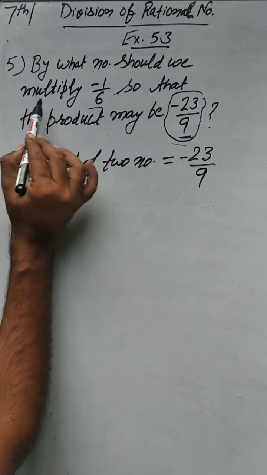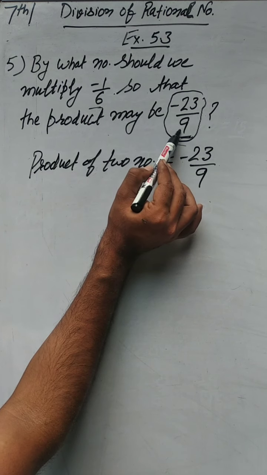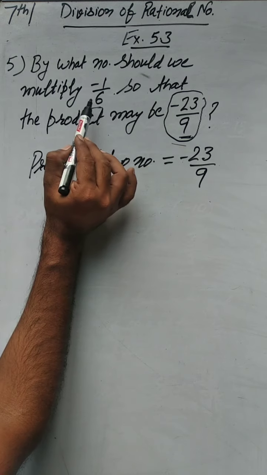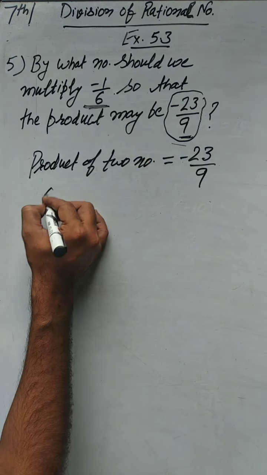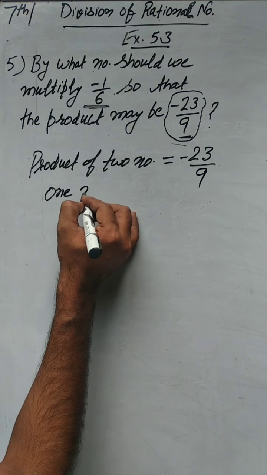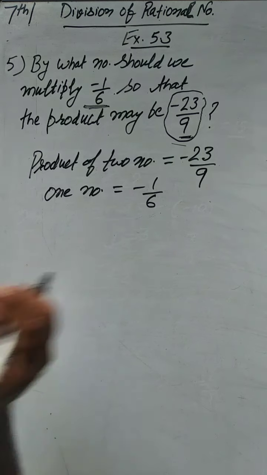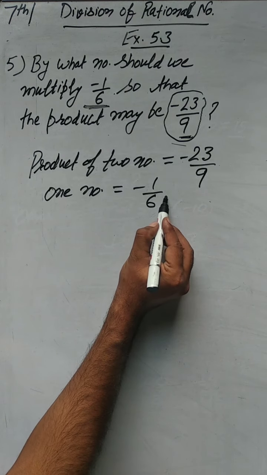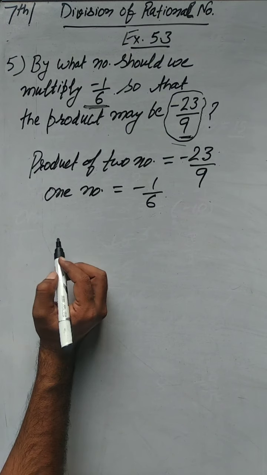By what number should we multiply minus 1 upon 6 so that the product is equal to minus 23 upon 9? It means we have been given one number, which is minus 1 upon 6. We have to find the other number with which it multiplies to get the product equal to minus 23 upon 9.